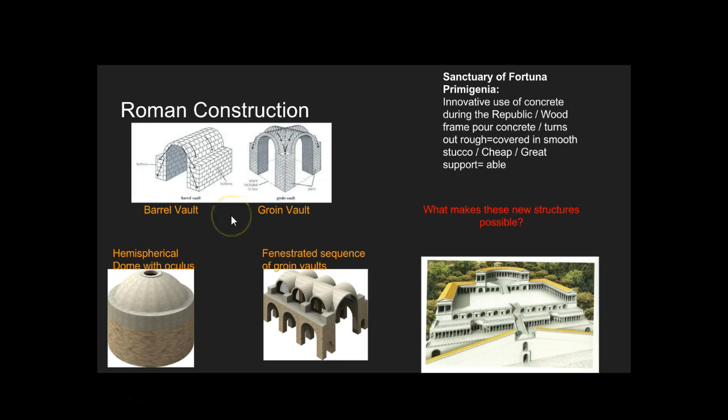The 4 big ones to note are the barrel vault, the groin vault, the hemispherical dome with oculus or oculi, and then a fenestrated sequence of groin vaults. What a fenestrated sequence means is they run in a line, so fenestrated groin vaults. We will see these constructions continue through the Renaissance and into contemporary arts.